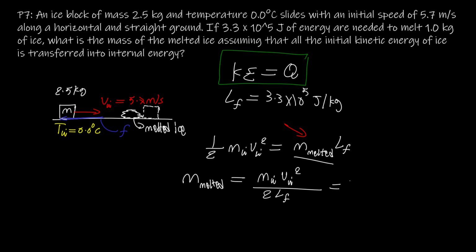So we have mass of the ice, 2.5 kilograms, multiplied by the initial velocity squared, 5.7 meters per second squared, divided by 2 times the latent heat of fusion, 3.3 times 10 to the power of 5 joules per kilogram.